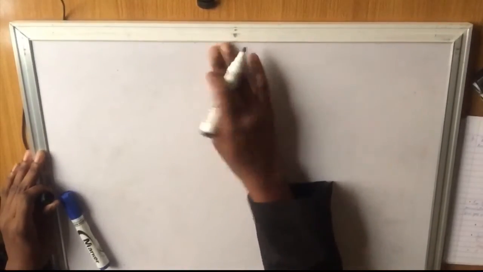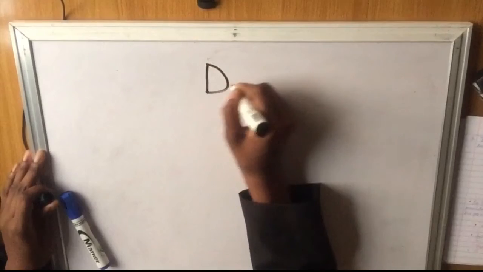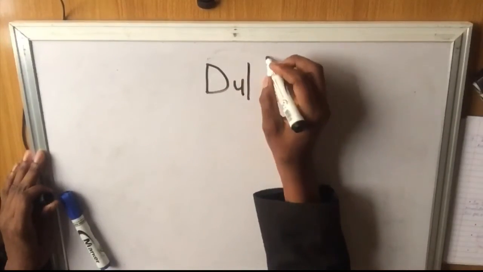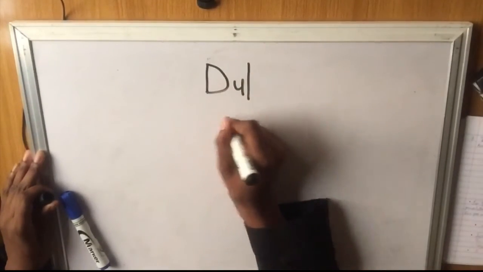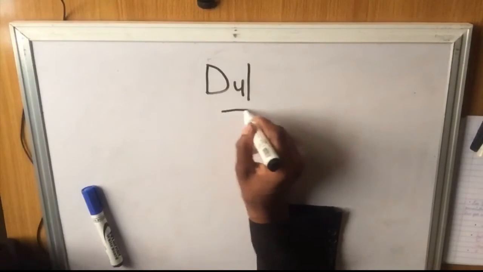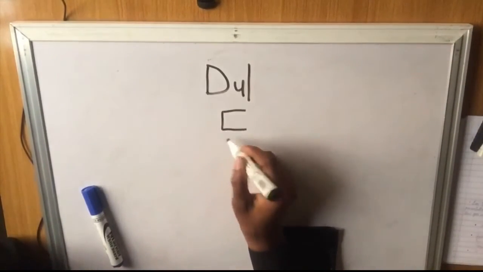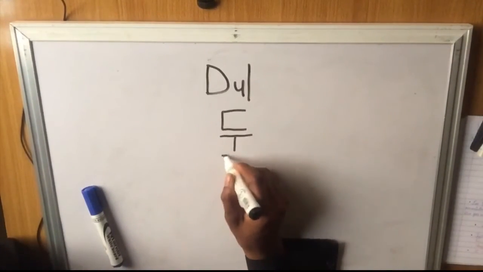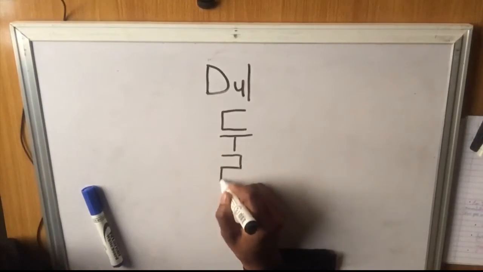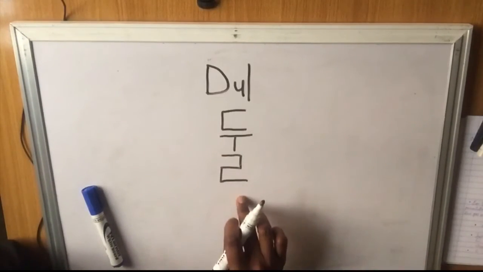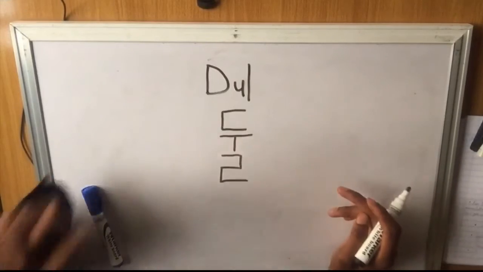Our next word is 둘. 둘 in Korean is written like this. 둘 means two.